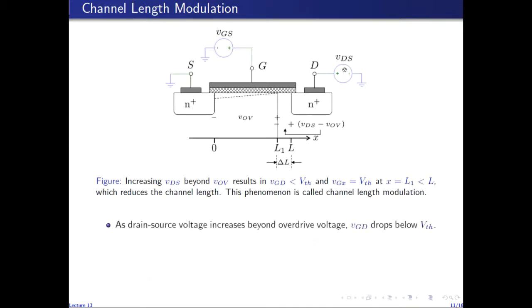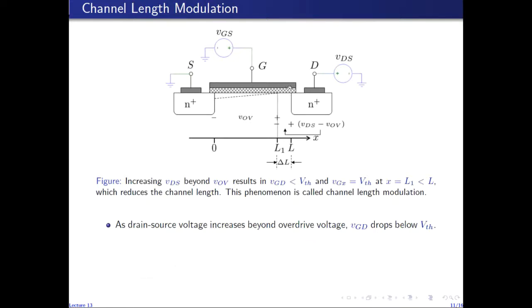But if we look closely, then increasing VDS beyond VOV will reduce the voltage between gate and drain below V threshold. Now, the voltage between gate and any point X in the channel increases as we move from X equal to L to X equal to 0.